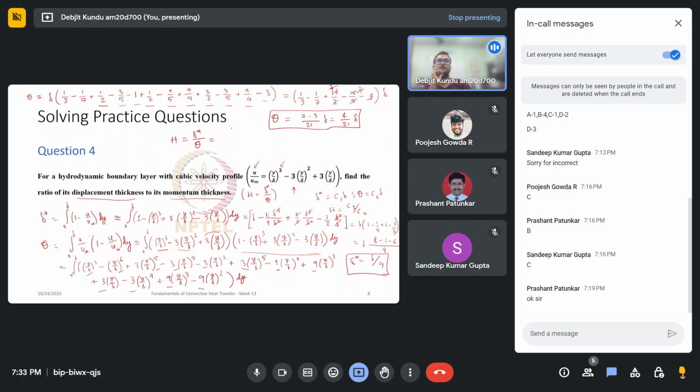Delta star we found out to be delta by 4, and theta we found out to be 4 by 21 into delta. So this delta cancels out, giving us H equal to 21 by 8. Okay, lots of math. Any questions on this?